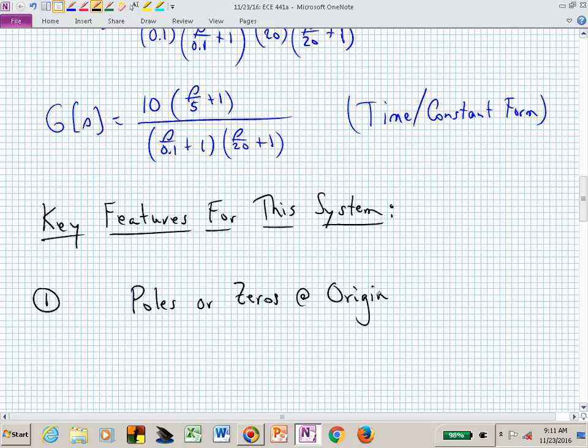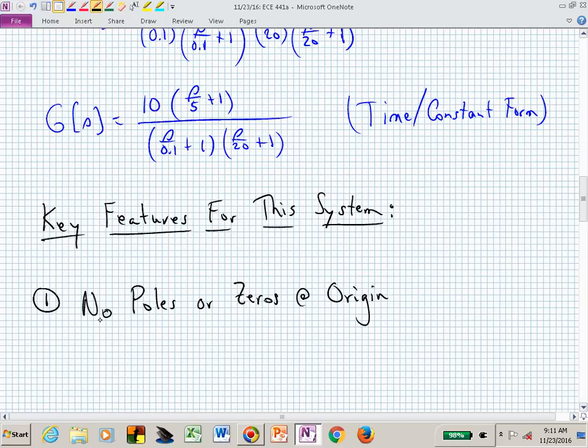Do I have any poles or zeros at the origin in this transfer function? Because if I do, those are always on. Those don't break. Those are always sloping in the magnitude plot, and they just give us a constant angle in the phase plot. And it's nice to keep track of those.